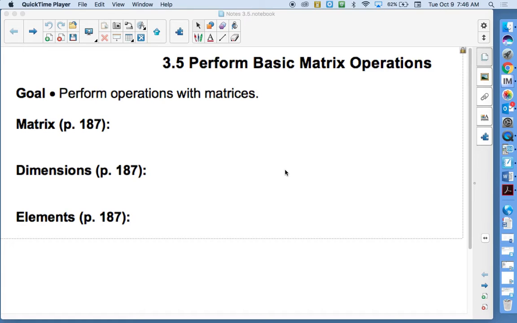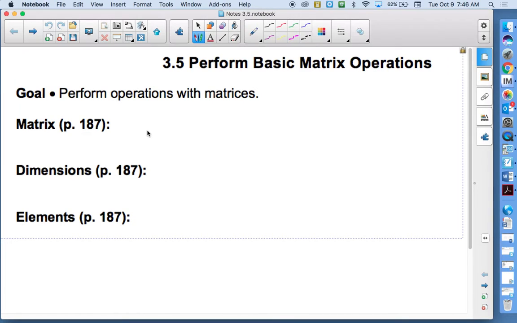So a matrix is an arrangement of numbers, and it's in a little box. That box is called a matrix.